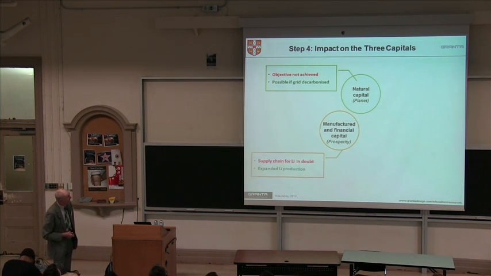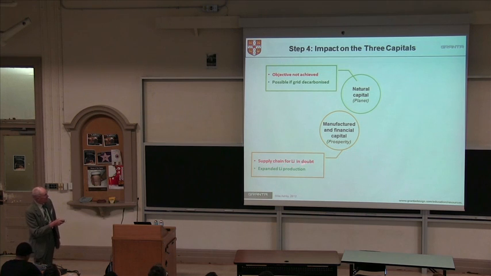Manufactured and financial capital. Well, the supply chain for lithium is the problem that we saw. That can be overcome by expanding lithium production, and that could happen in 7 years. Quite a good example are rare earths, which hit a peak of price 3 years ago, about $1,000 a kilogram, after being about $100 a kilogram.